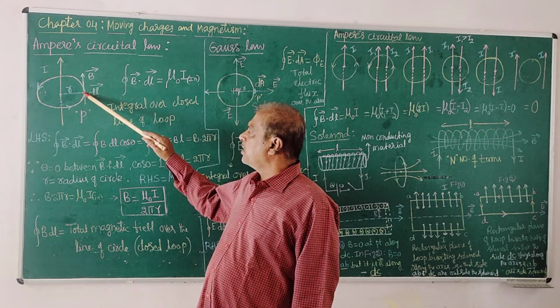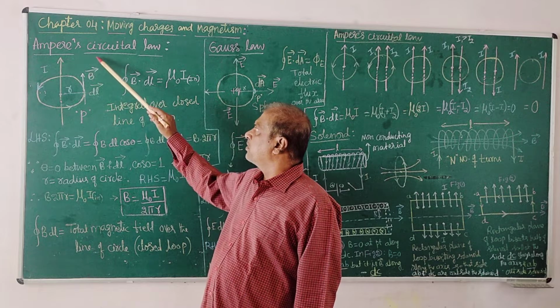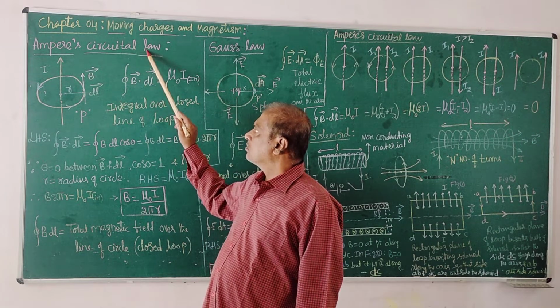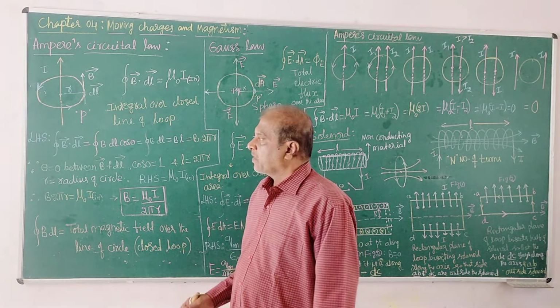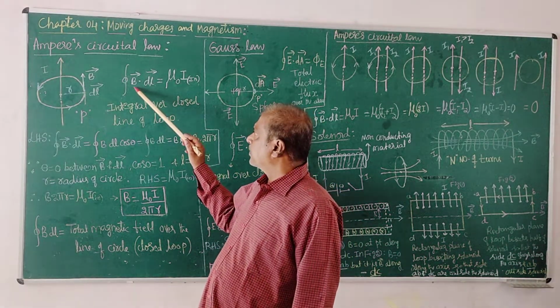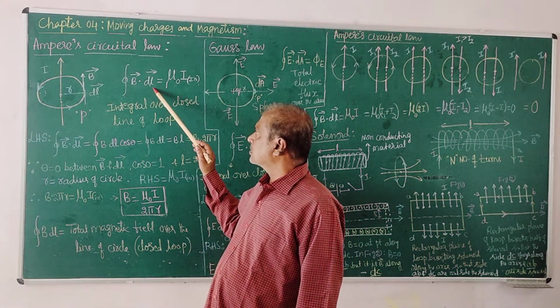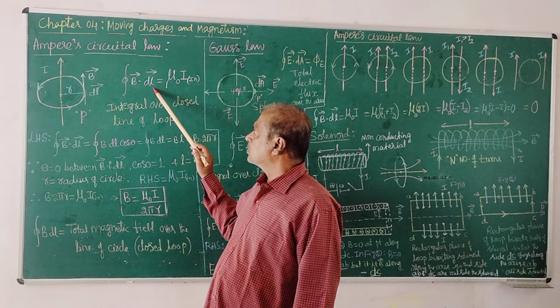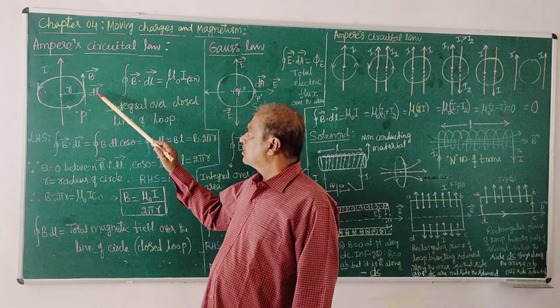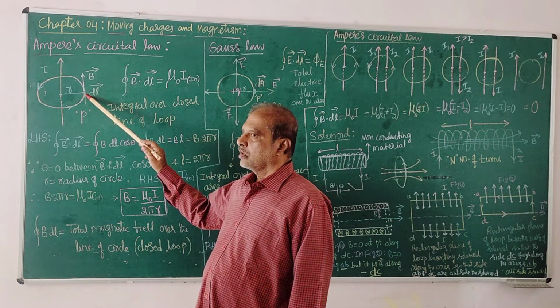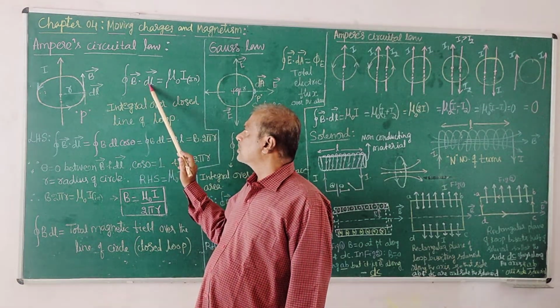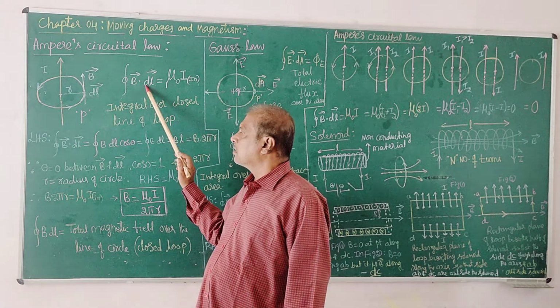So at this point, the magnetic field is given by Ampere's circuital law. What is that? It is a product of the vectors operating at this point. Product of the vectors means dot product of the vectors.